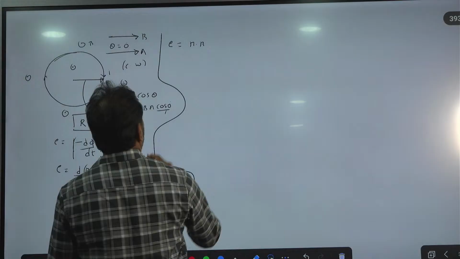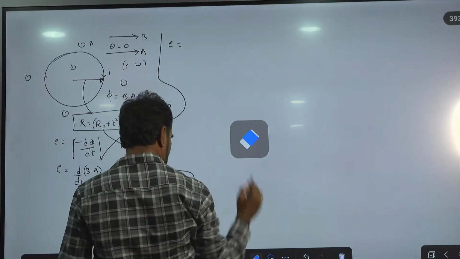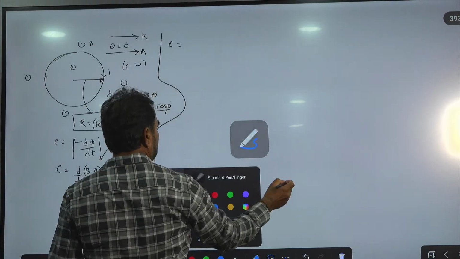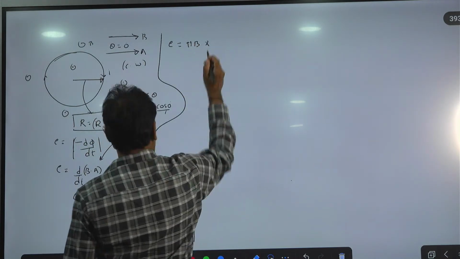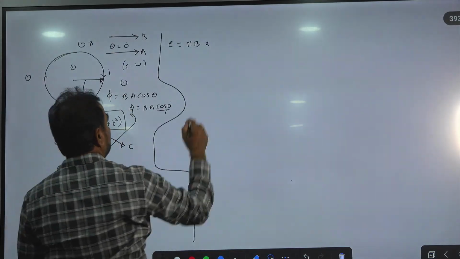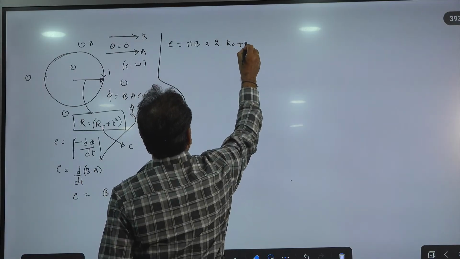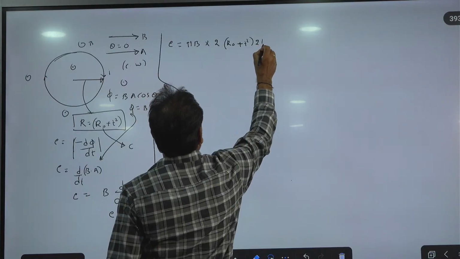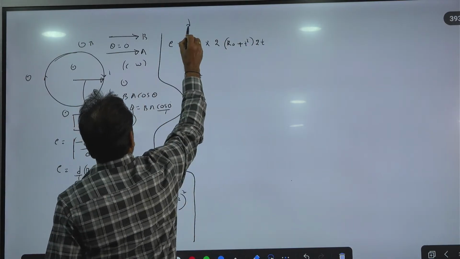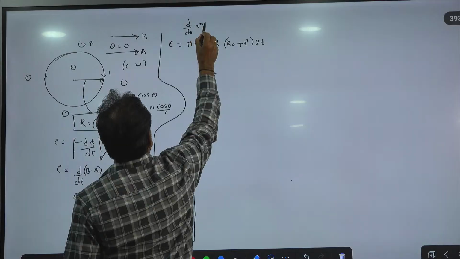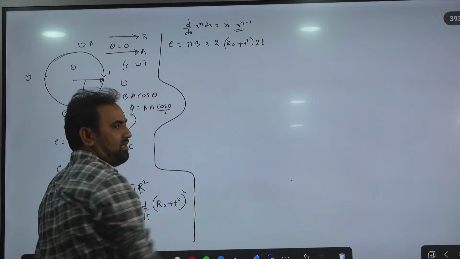Okay, this is what I am writing, see, E is equal to πB into d by dt of (r₀ + t²)², derivative is 2 into (r₀ + t²) into 2t हो जाता है. Derivative of t² is 2t, because d by dx of xⁿ is equal to n into xⁿ⁻¹, already know. Like that I have expanded like this.